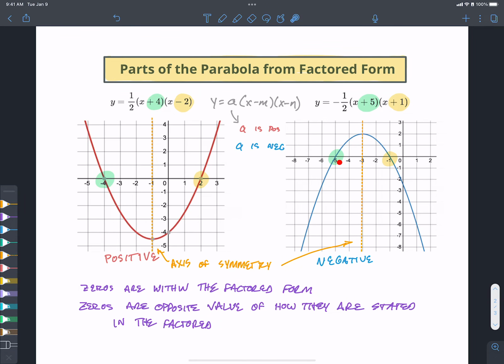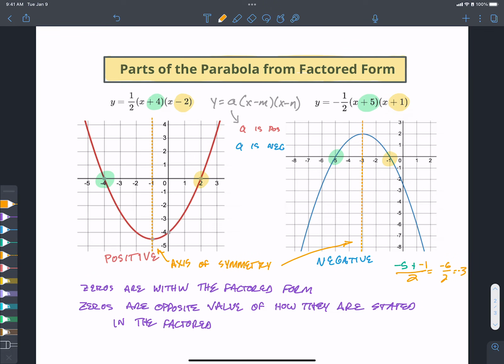So if I can find the center of these two values, then I should be able to find that axis of symmetry. One way to find the center is to find the average. Over here on the right, if I take -5 plus -1 and divide that by 2, that's -6 divided by 2, which is -3.